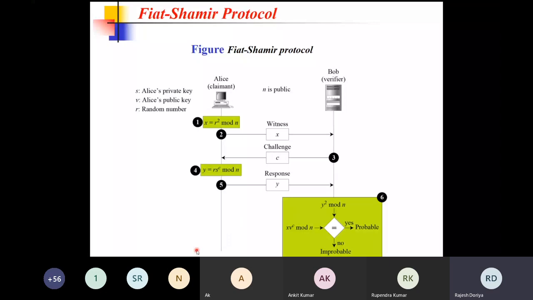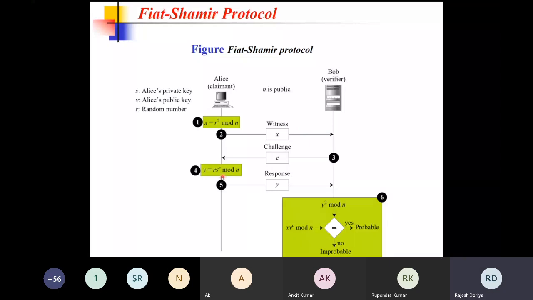So what happens over here? Again, we have the concept of public key and private key, and we have certain communication with the help of them. As you can see, something is first calculated, the X, or you can say the witness. Then a challenge is thrown to the other party, and the challenge is used along with the private key.